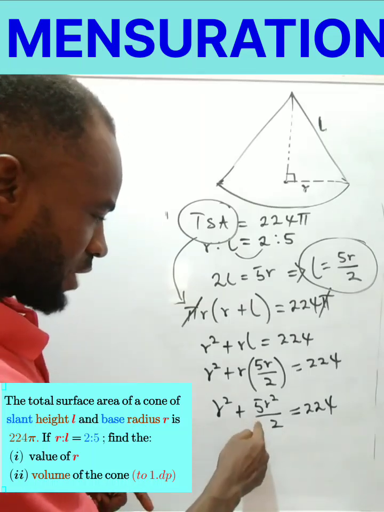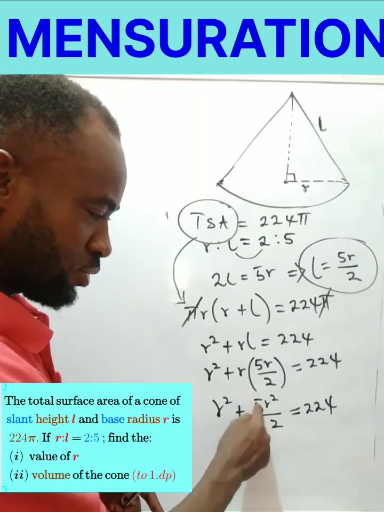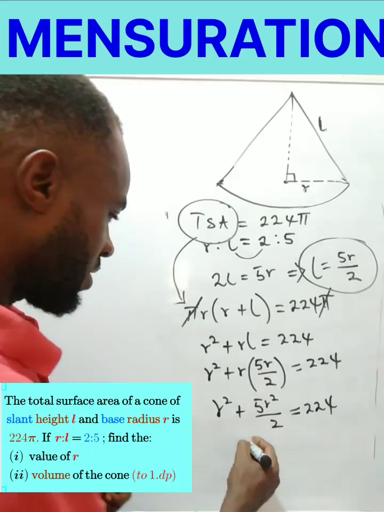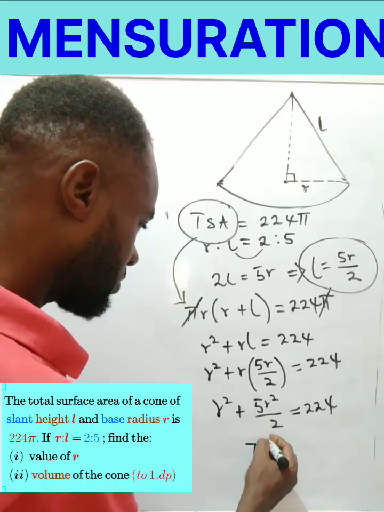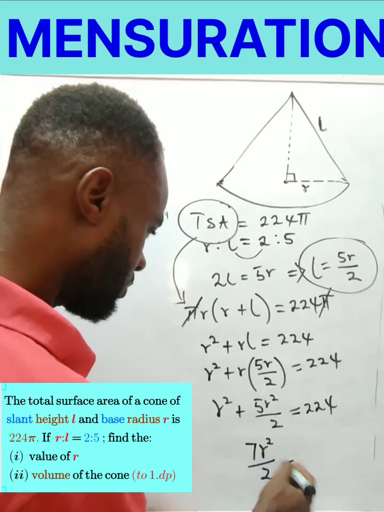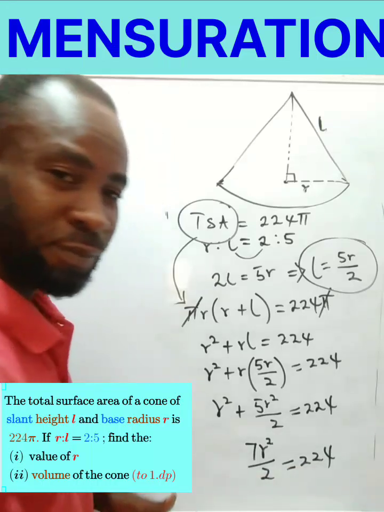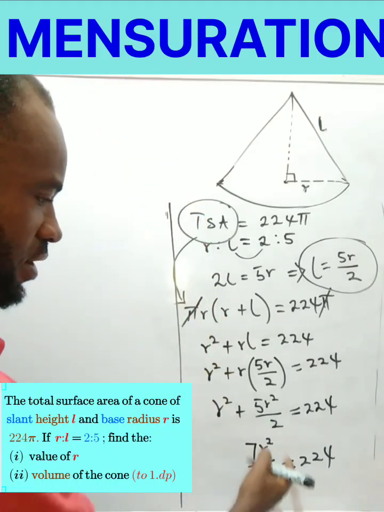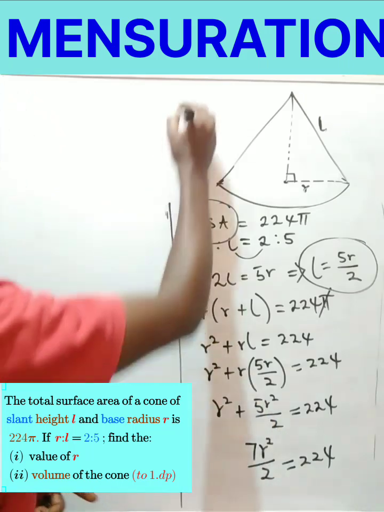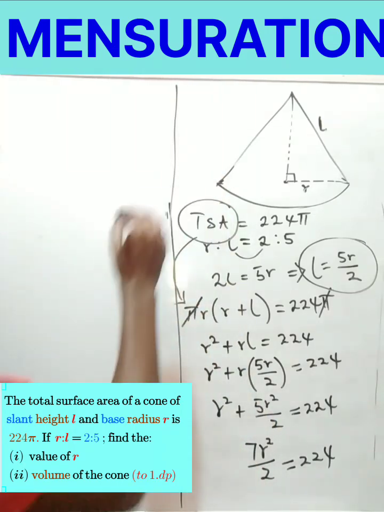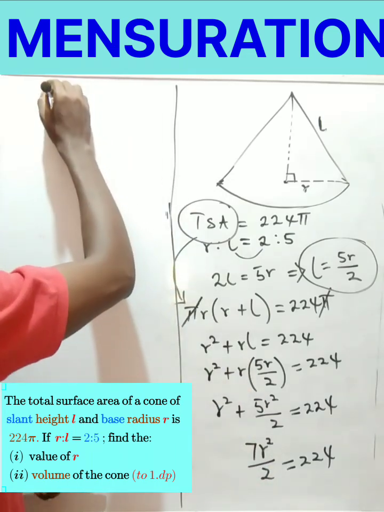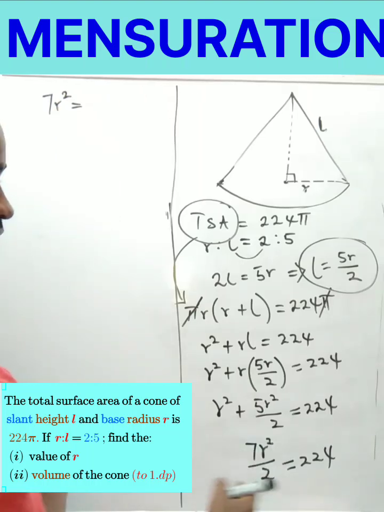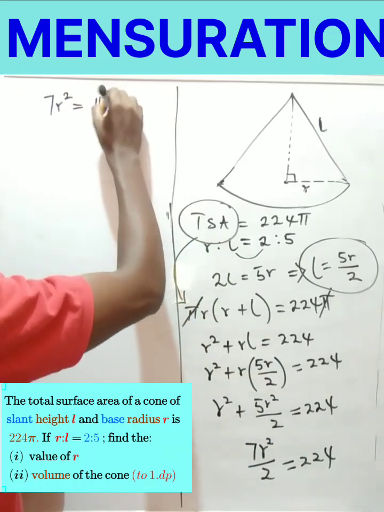So now I know that R squared is the same thing as 2R squared over 2. These two are like terms. So if we add them together, that will give us 7R squared over 2 equal to 224. Okay, good. From here, I'm going to have that 7R squared, if I cross multiply now, is equal to 448.